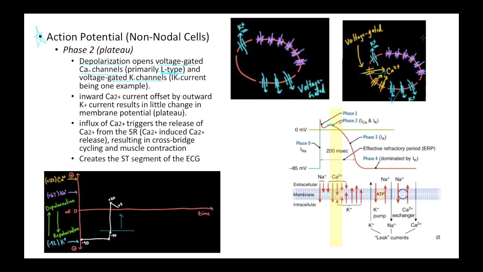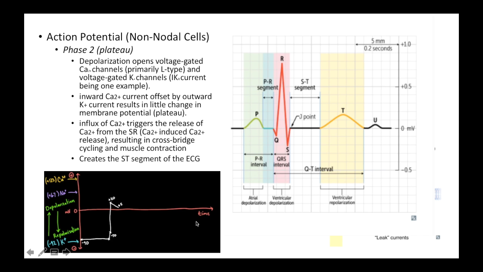And also note here that this influx of calcium is going to trigger the release of calcium within the sarcoplasmic reticulum within the cell. That can result in cross-bridge cycling and muscle contraction. And this phase is responsible for the ST segment of an EKG. So this guy right here.